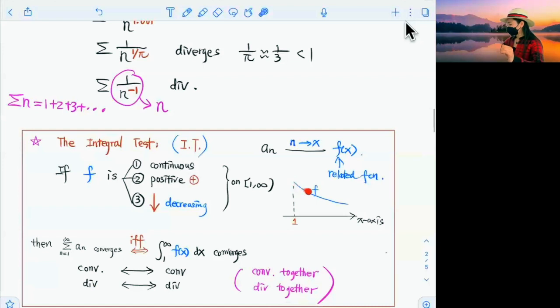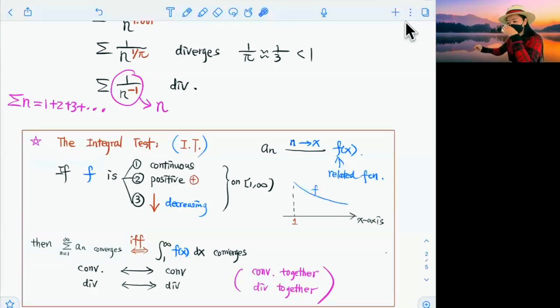For example, look at this one. From 1 to infinity, this graph has no break. It's continuous. Number 2, it is positive, which means it is above or touching the x-axis. It's never going to be negative. Number 3 is decreasing.